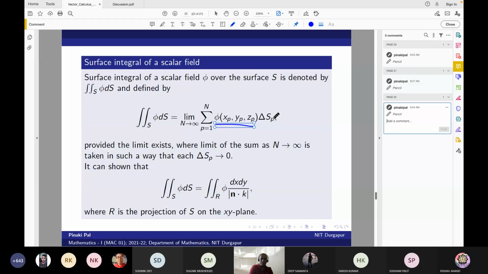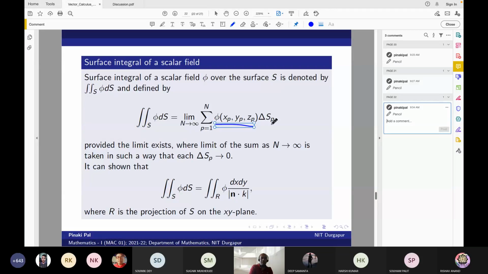That value is multiplied by delta S. This is your integration element, and then you take the sum and finally take the limit. If this limit exists, it is called the surface integral of this function phi over the surface S.